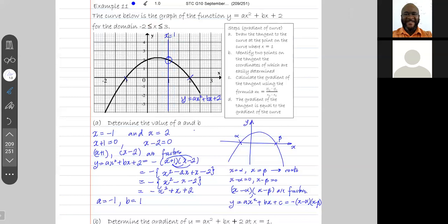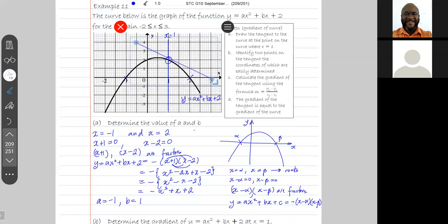Now at this point, I'm going to draw a tangent to the curve. A tangent to the curve is a straight line that touches the curve at that point. It is a straight line that just touches the curve at that point. So I'm going to draw my tangent. All right.